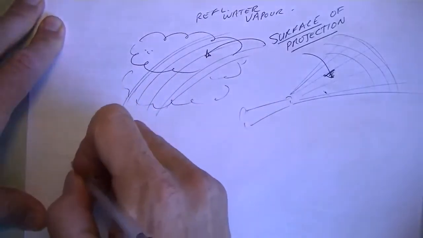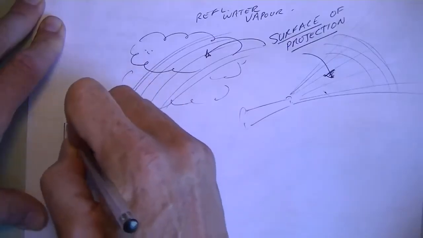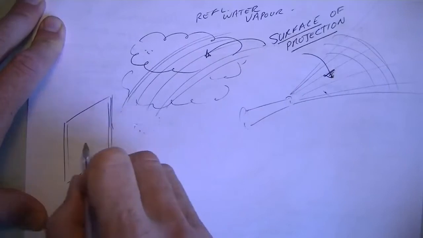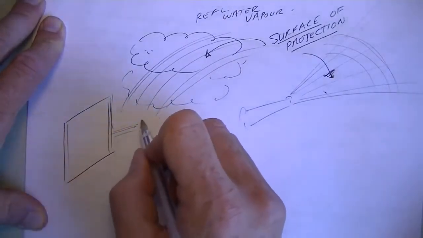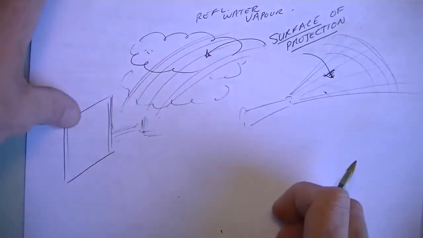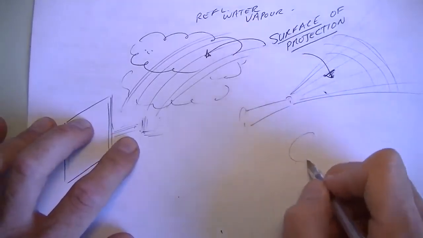If you shine sunlight through a square, like if you're inside a room and there's a square window and there's water vapor inside the room, you're going to get a square. You're going to get a straight edge rainbow. That's all it is. Same thing, you can shine a flashlight. Some flashlights you can actually create a rainbow.